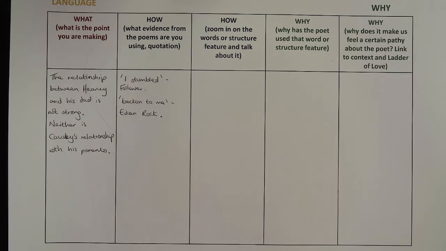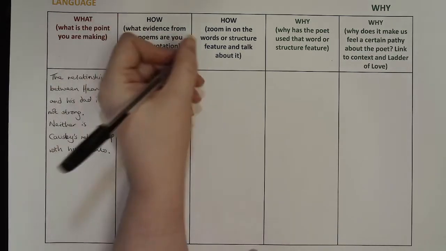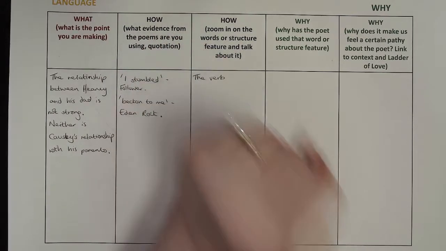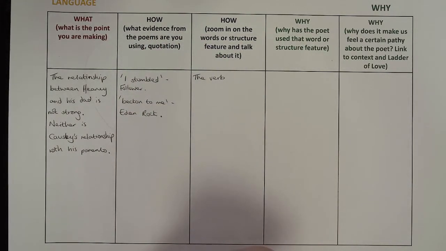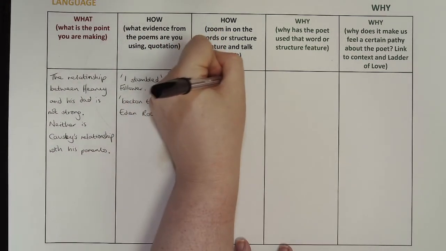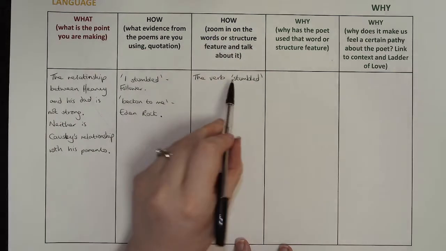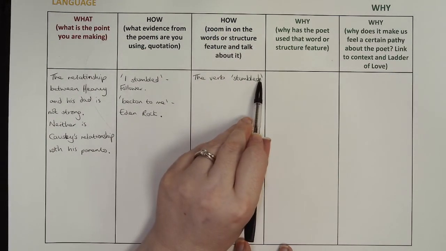So how? The second one says zoom in on the words or structure feature and talk about it. So I need to use my quote explosion that I did to zoom in. So the first thing I'm going to say is the verb, because that will get me marks for using technical language. The verb "stumbled", and remember to put your quotation marks around your quotation.